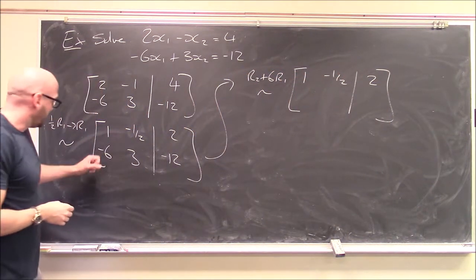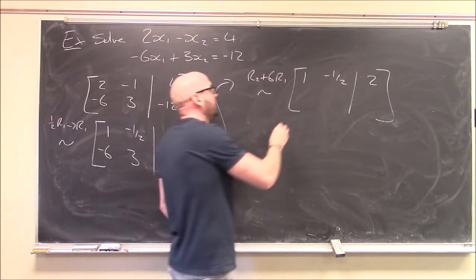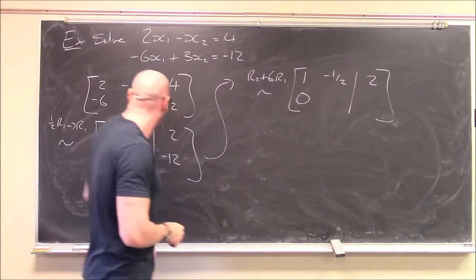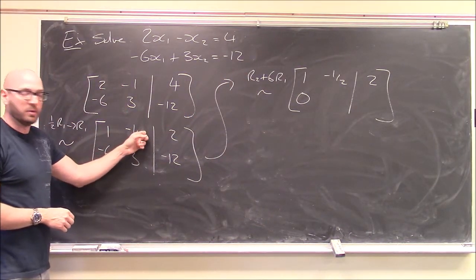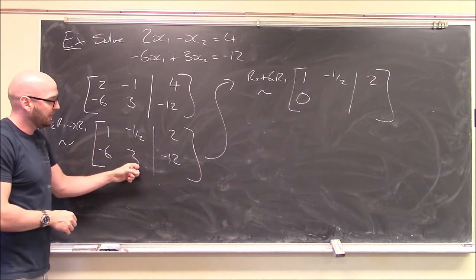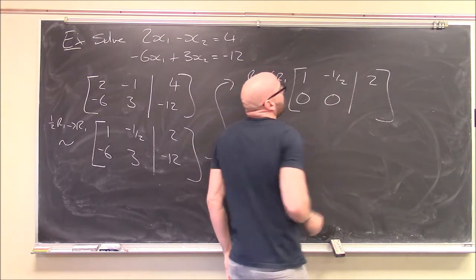What about row 2? Okay, so I've got minus 6 plus 6 times 1. So minus 6 plus 6 is 0, just like we wanted. Here I've got 3 plus 6 times minus 1/2. 6 times minus 1/2 is minus 3. 3 plus minus 3 is 0.